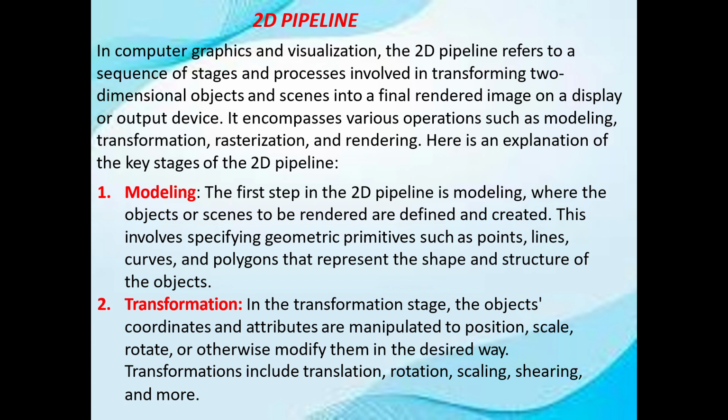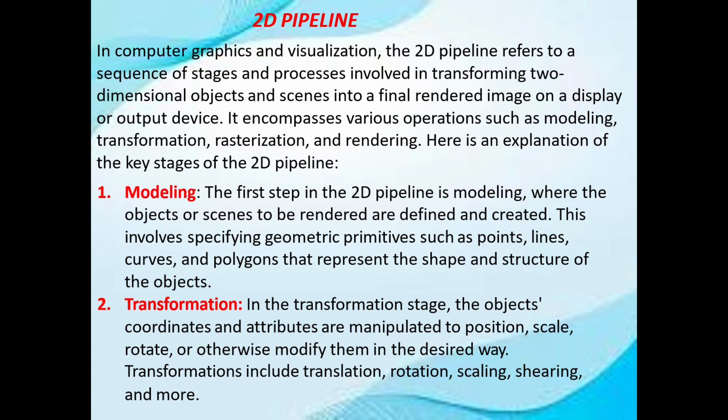First is modeling. The first step in the 2D pipeline is modeling, where the objects or scenes to be rendered are defined and created. This involves specifying geometric primitives such as points, lines, curves, and polygons that represent the shape and structure of the objects.